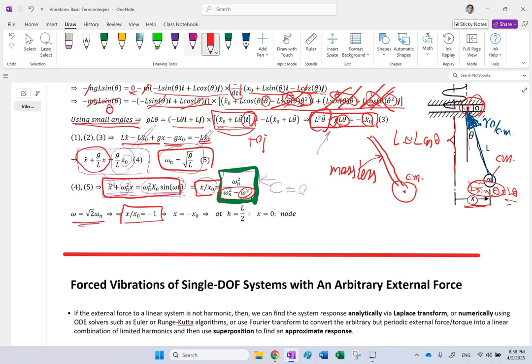It means that if I draw the pendulum, if the top point moves by x0, the bottom point, so this is the top point of the pendulum, and this is that original vertical line, the bottom point of the pendulum is moving by how much? By x equal negative x naught.